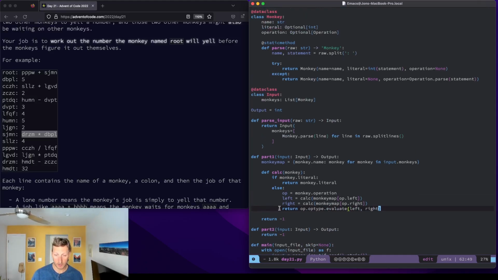Okay, and then we just return calc monkey map root, and that should do that.